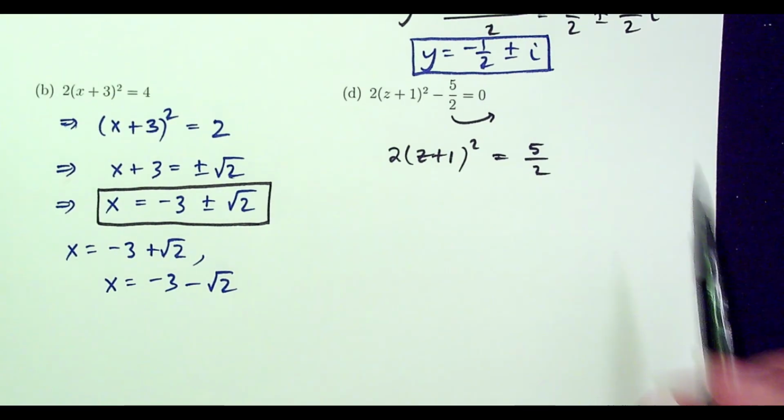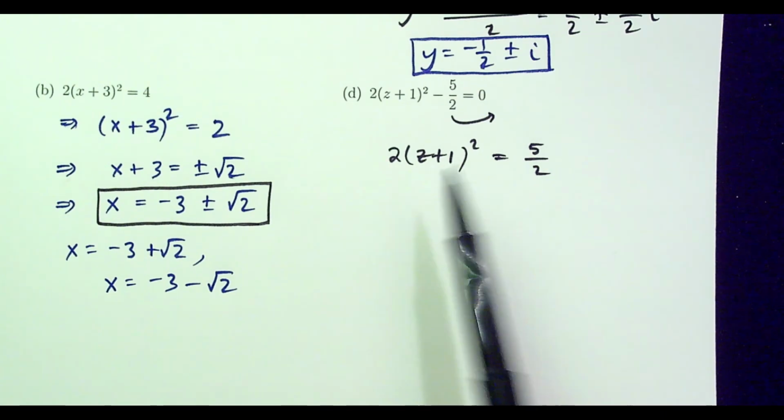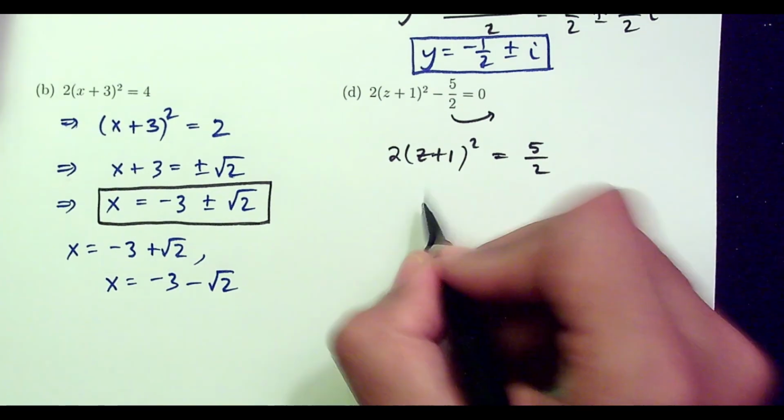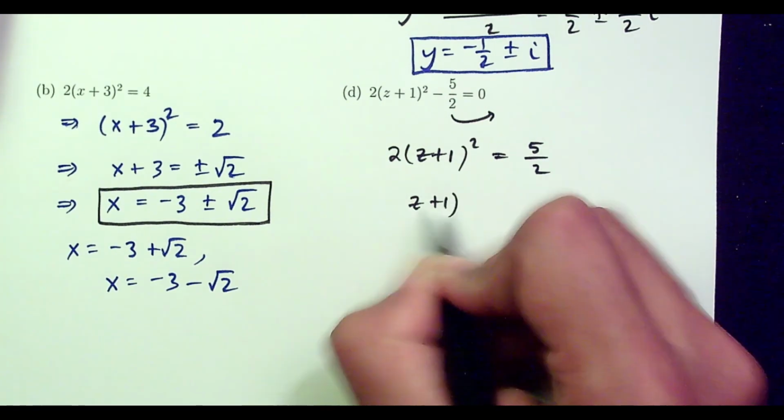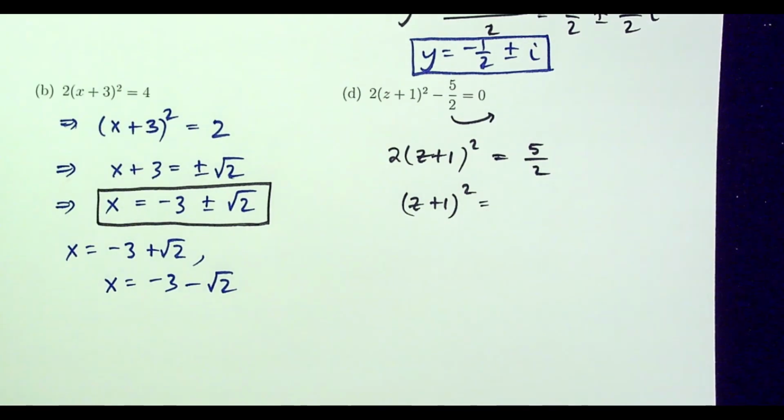And this is still not good because the thing squared is still not all by itself. So you need to divide by 2. So this is going to be 2 plus 1 squared equals, and then what do you get when you divide 5 halves by 2?